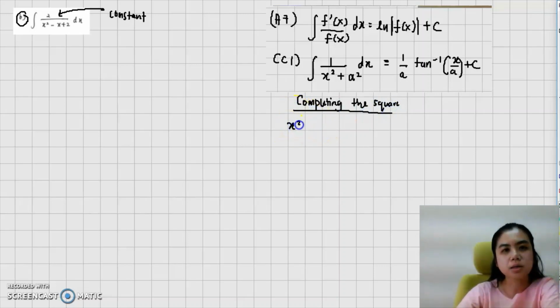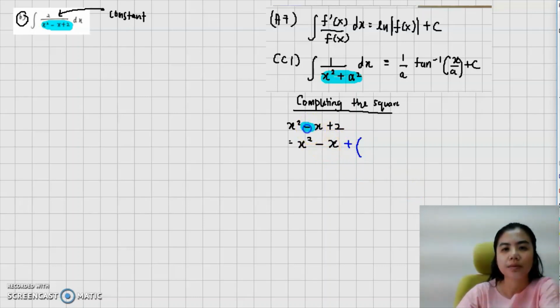Let's look at x squared minus x plus 2. We just focus on whatever is down here and try to manipulate it so that it looks exactly like this. In completing the square, what you have to do is copy back the x squared and x. Remember, now you have to add a number, the coefficient of x. The coefficient of minus x is minus 1, so just add minus 1.